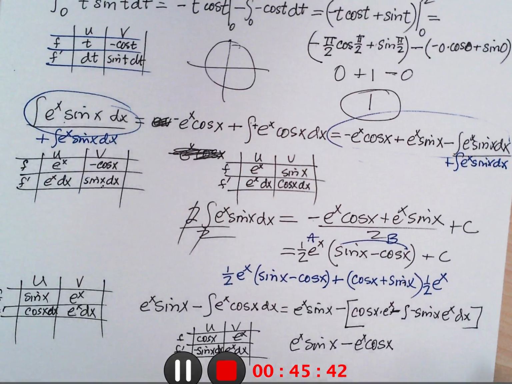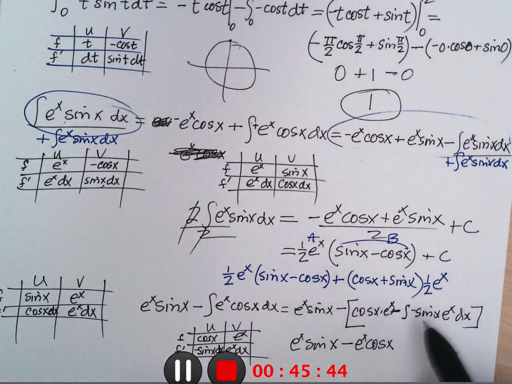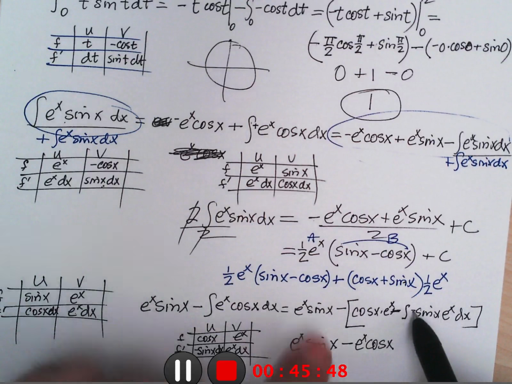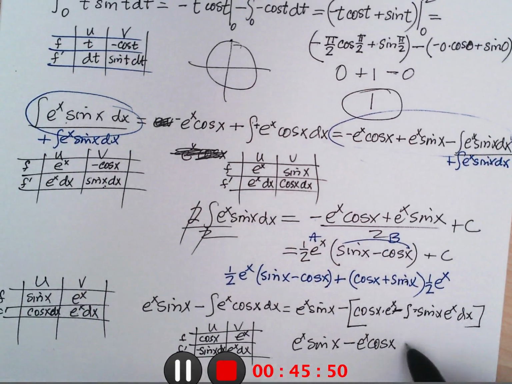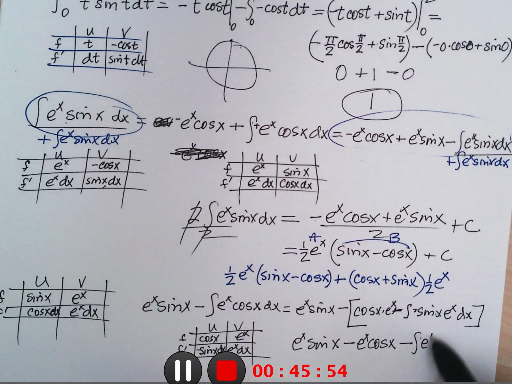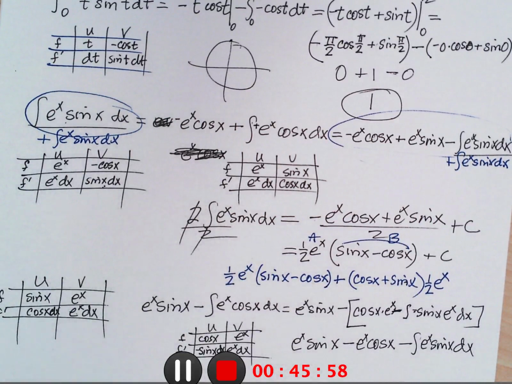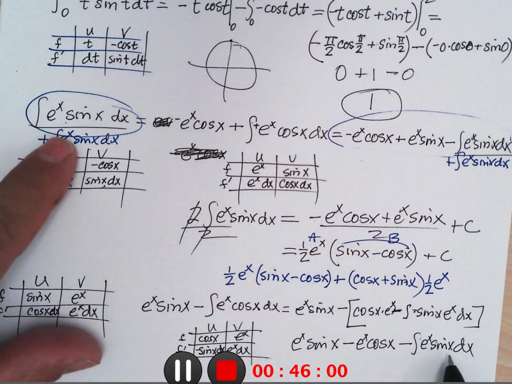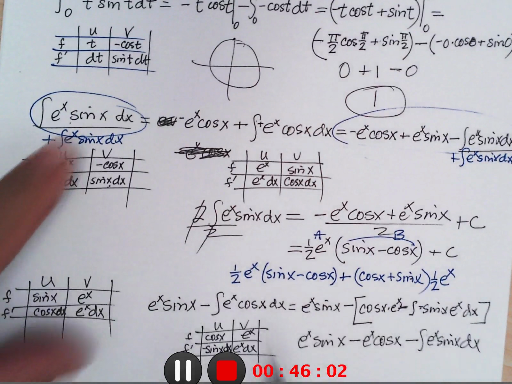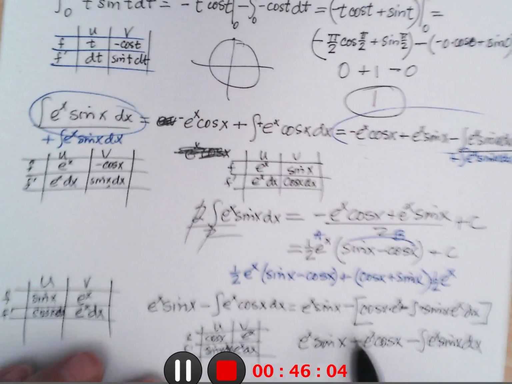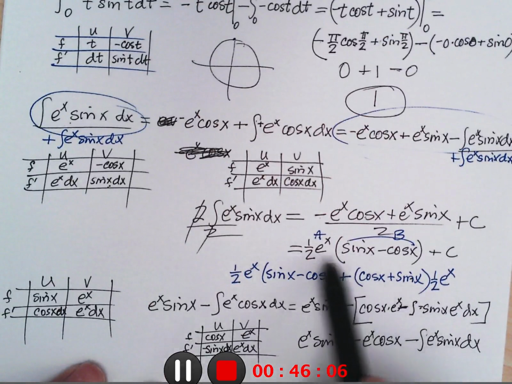Minus a minus is plus, but then this minus makes it minus the antiderivative of e to the x sine x dx, which is the negative of what we started with. So if I add it to both sides, I'm going to get the same result as I have right here.